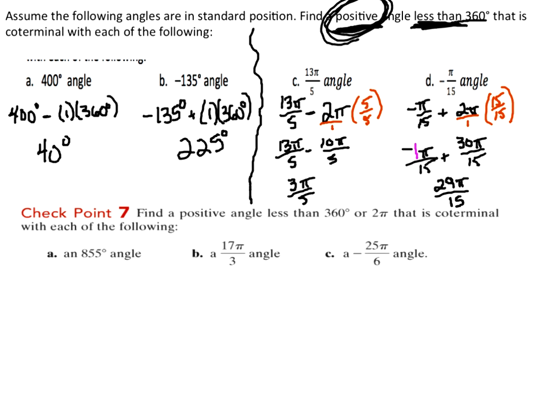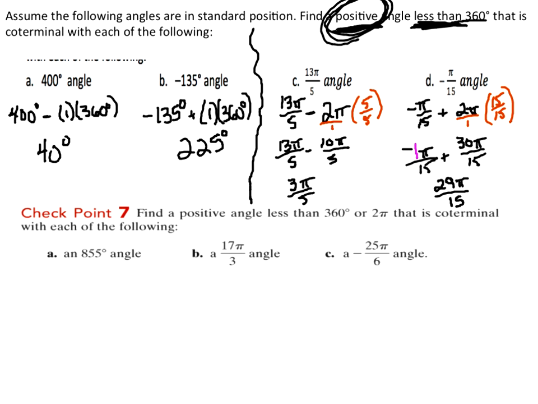And that is not bigger than 360 because 29/15 is equivalent to 1 14/15. It's almost a complete revolution, but not quite. Was that one okay for y'all? Okay, good.